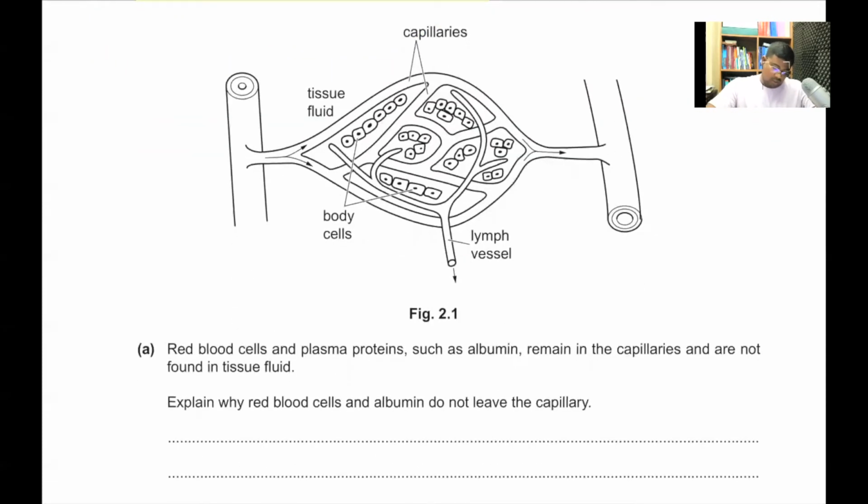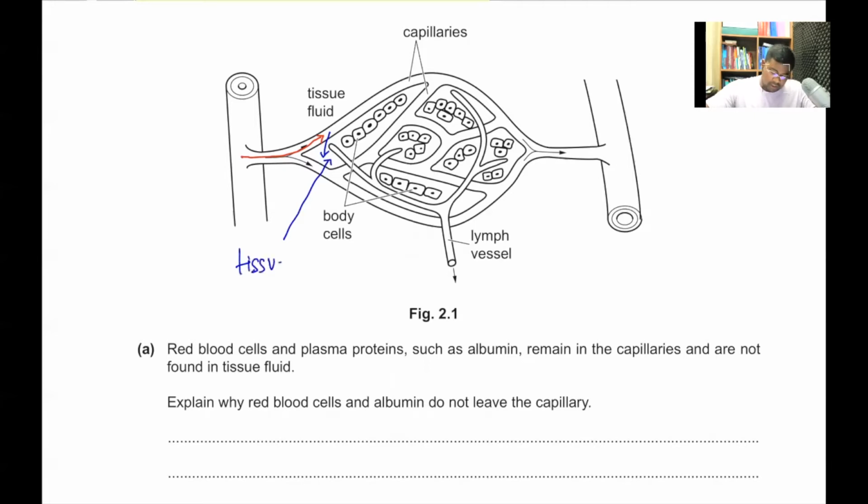Okay, so basically when the blood is coming through the arteriole and then it is getting pushed into these capillaries, there is a higher pressure in these capillaries. What that pressure does is that it causes some of the plasma to leak out. Once it leaks out in between these particular body cells, we are going to call it tissue fluid.